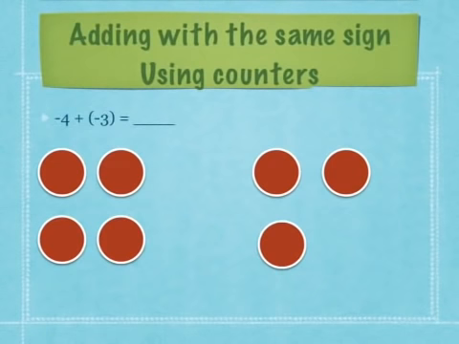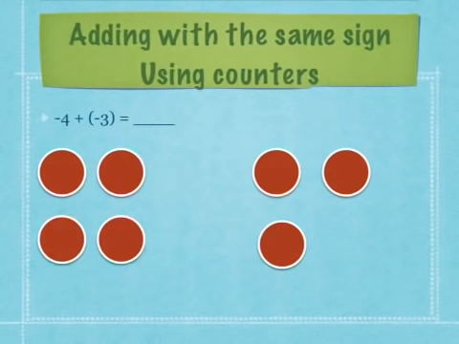So here's our first example, -4 plus -3. We have the same sign, which is negative. Since our numbers are negative, we're going to use the red counters. So you can see that I've placed 4 red counters to start with. And then I'm adding -3, so I have another 3 red counters because they're negative.